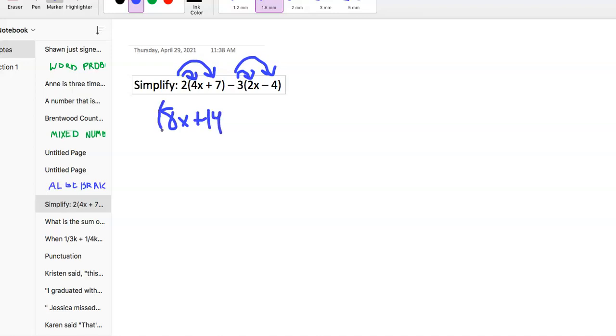We'll put some parentheses around those, minus, more parentheses, 3 times 2x is 6x. And remember there's a minus here, so we'll carry that down. And 3 times 4 is 12.